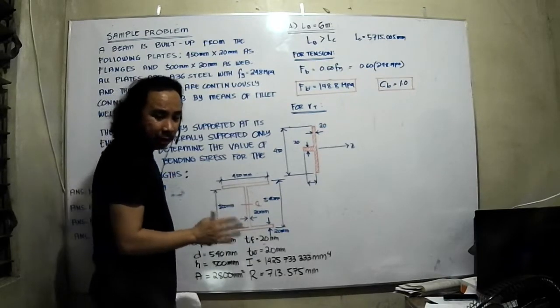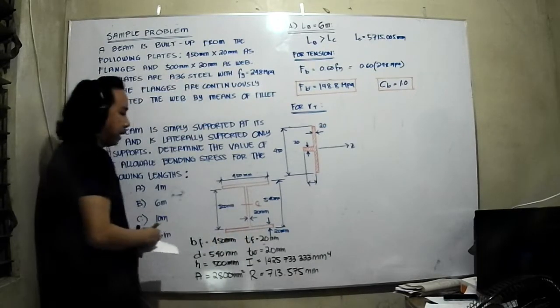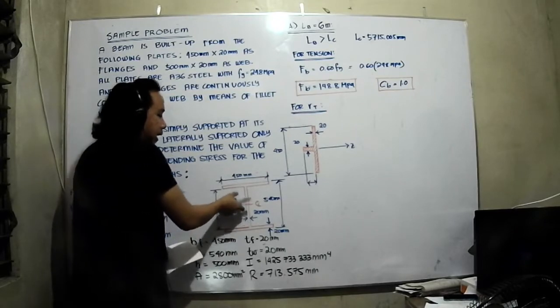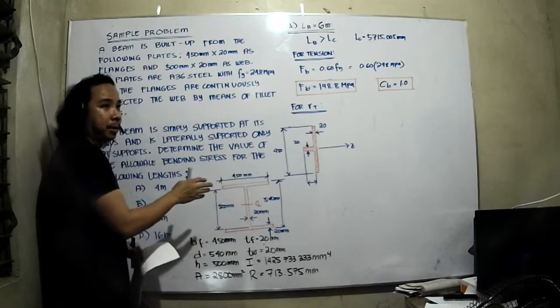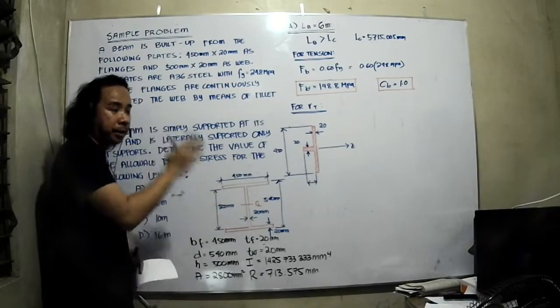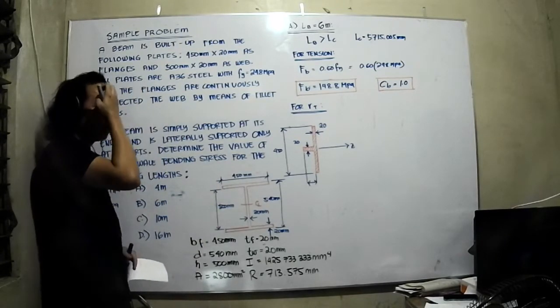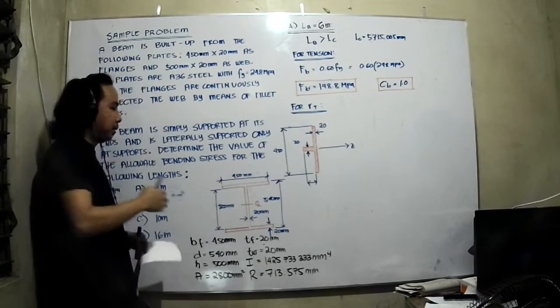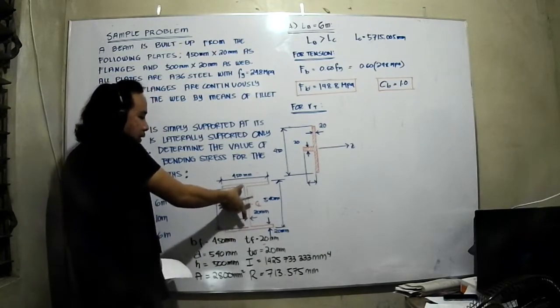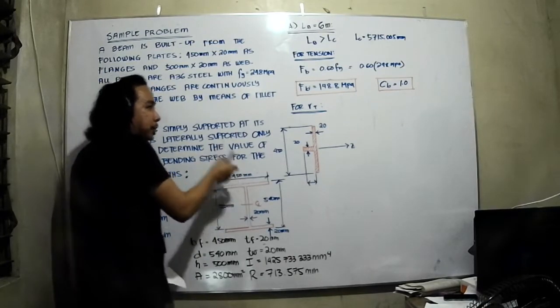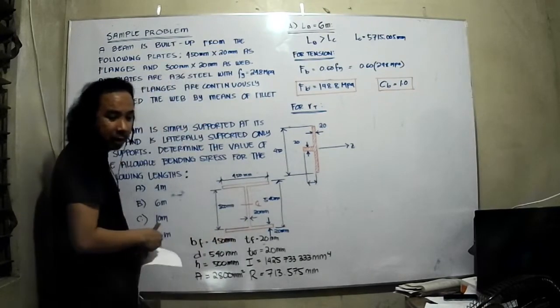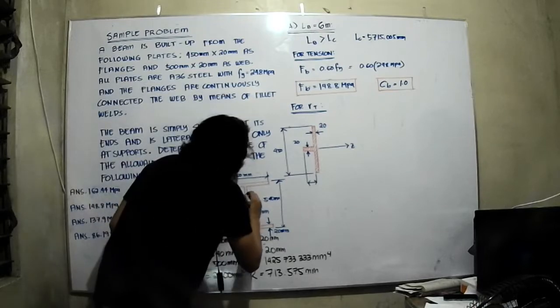Either way, it is okay. The part of the web in compression is one third, so this is 500, half is 250, and 250 is divided by 3.